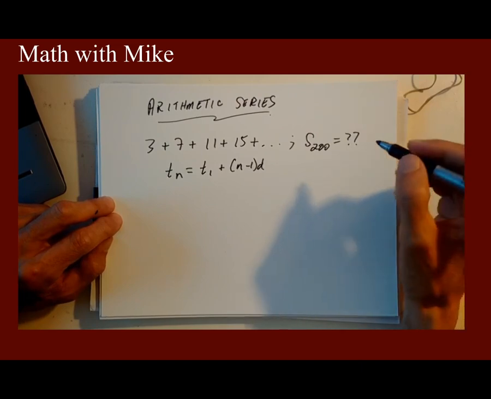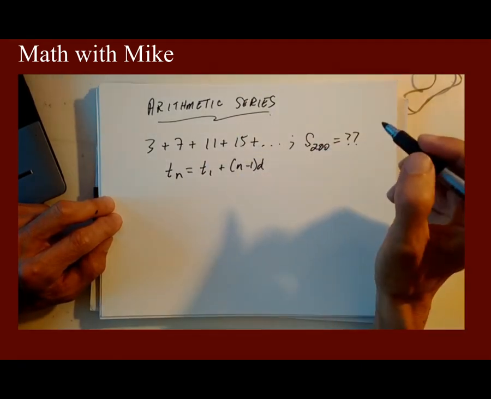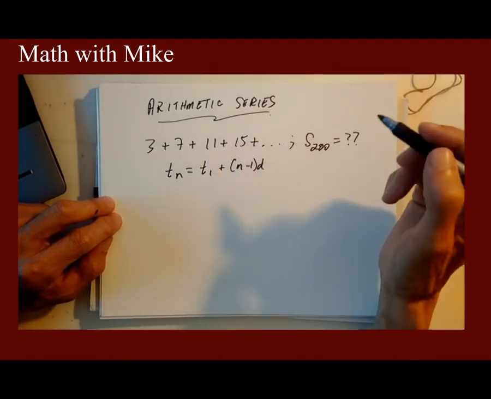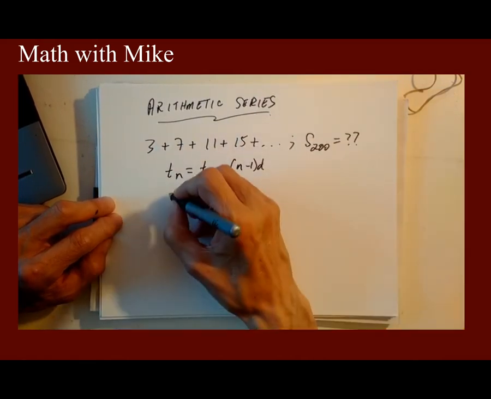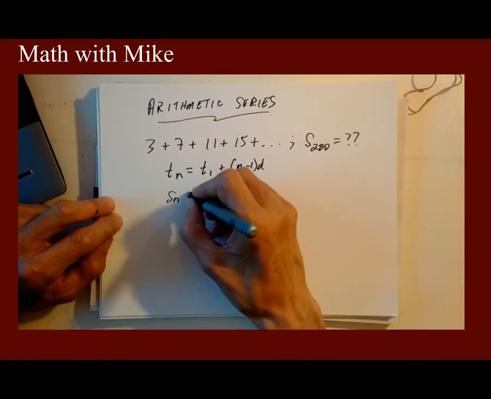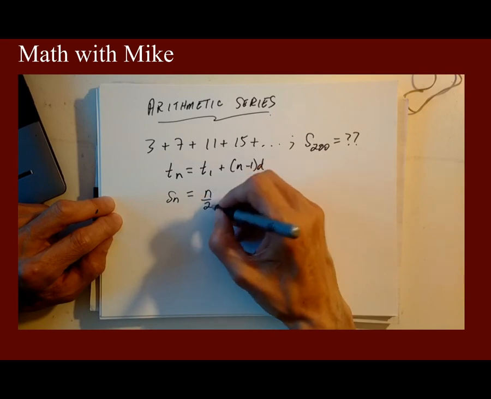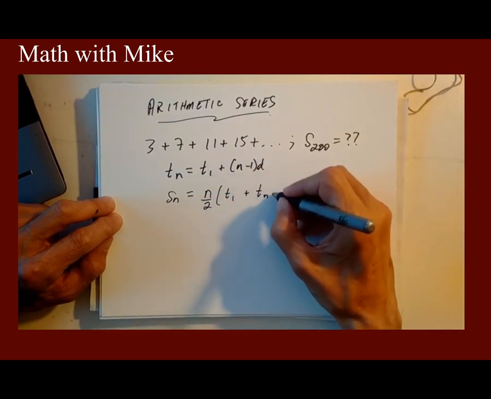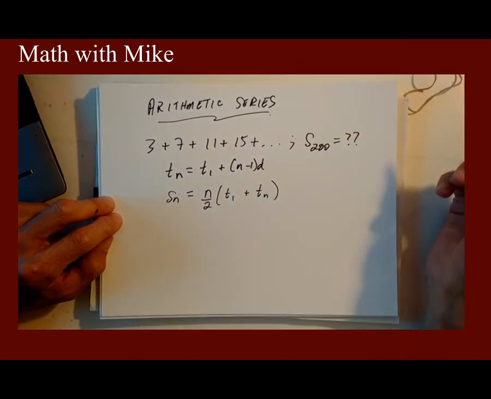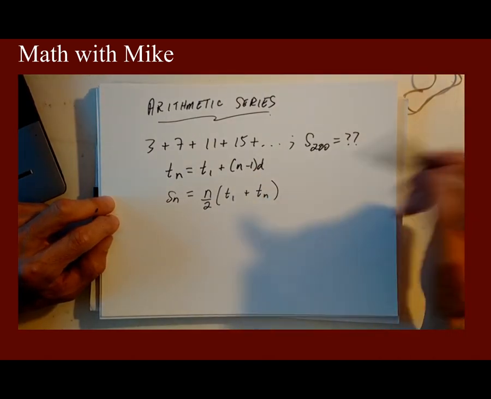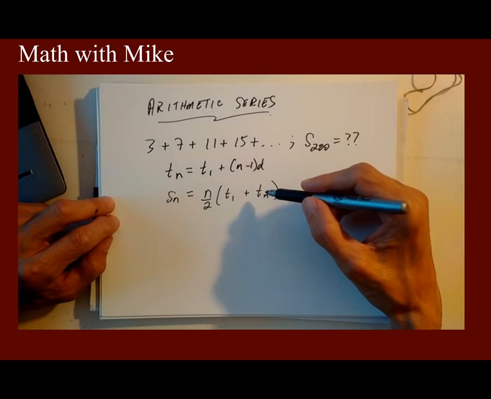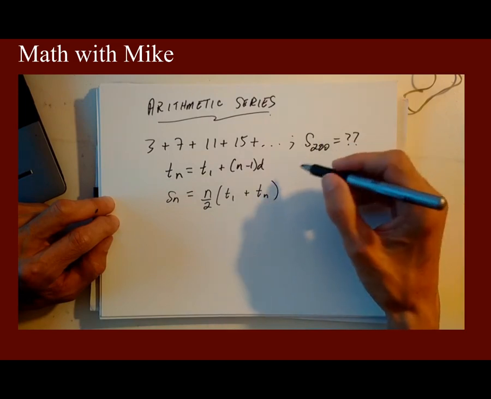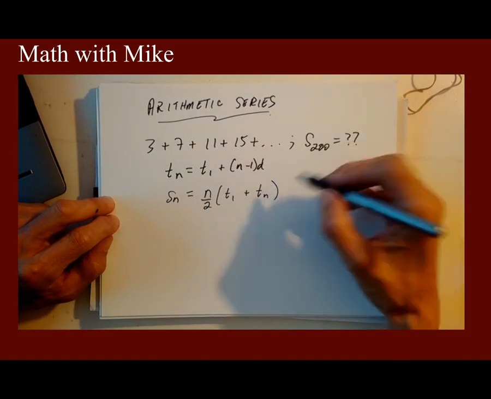And then the first video about arithmetic series was like this: Sn is n over 2 times (t1 plus tn). Remember, this version was used when there was a last term available.